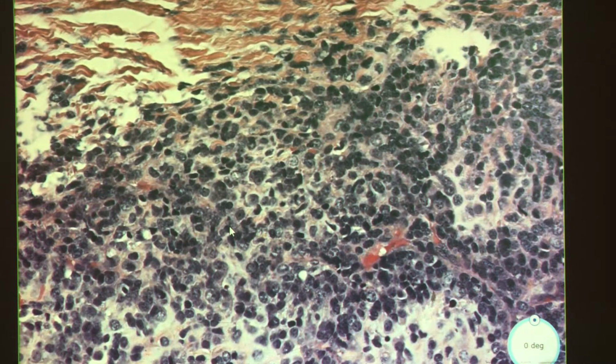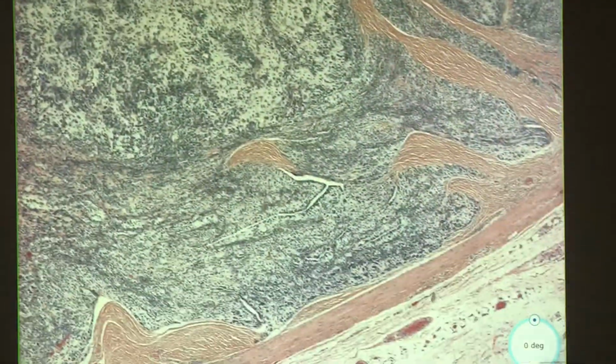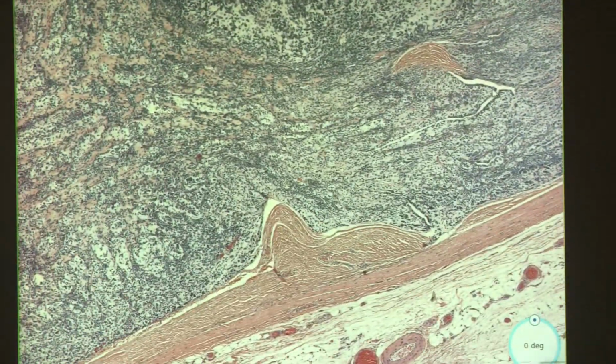You can see there's not a lot of architecture to really help you. There's scattered vessels. In this lesion, they may or may not have myopericytoma-like vasculature. But pretty much what I'm appreciating is the biphasic pattern. There you go. Myopericytoma-like pattern, which is common with this.